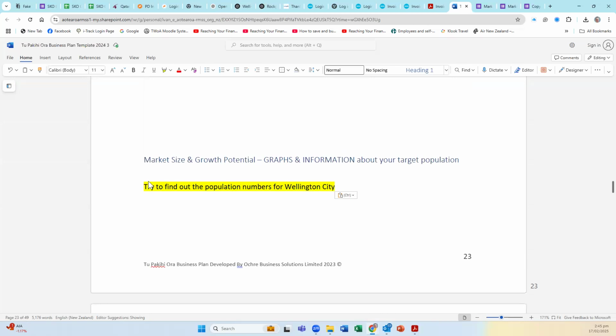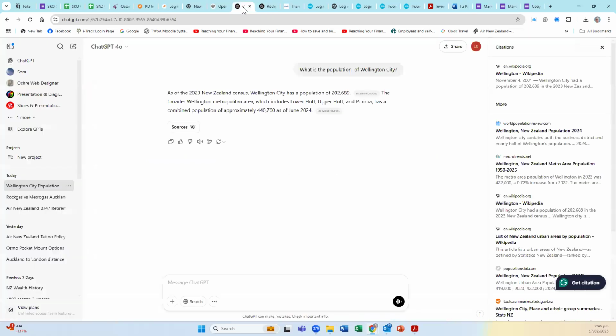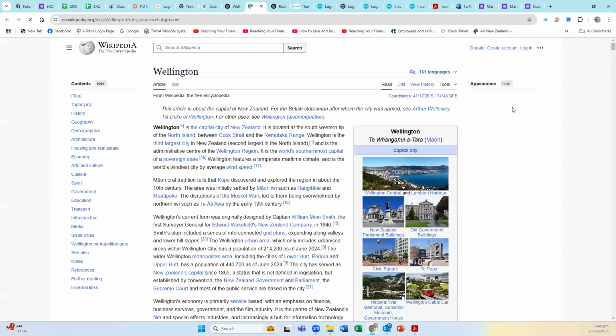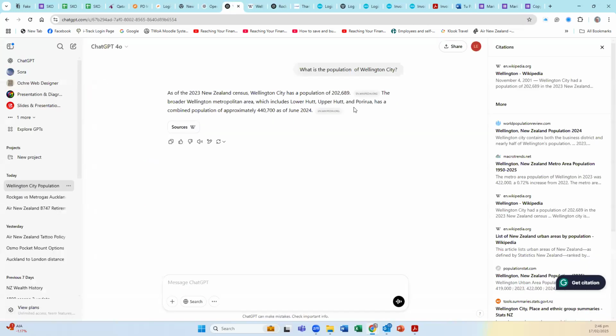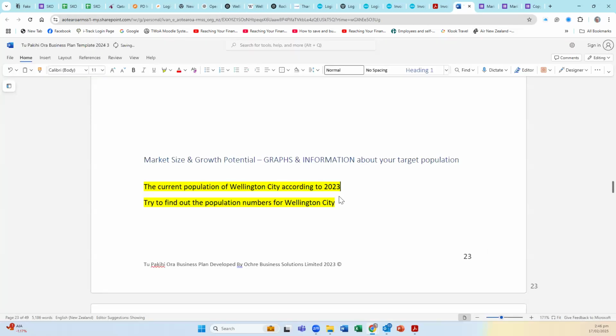So we found out the current population of Wellington City according to, and this is where we can then reference it. Where did I have it? According to Wikipedia. Oh no, they said it was according to the New Zealand 2023 census, about 203,000.